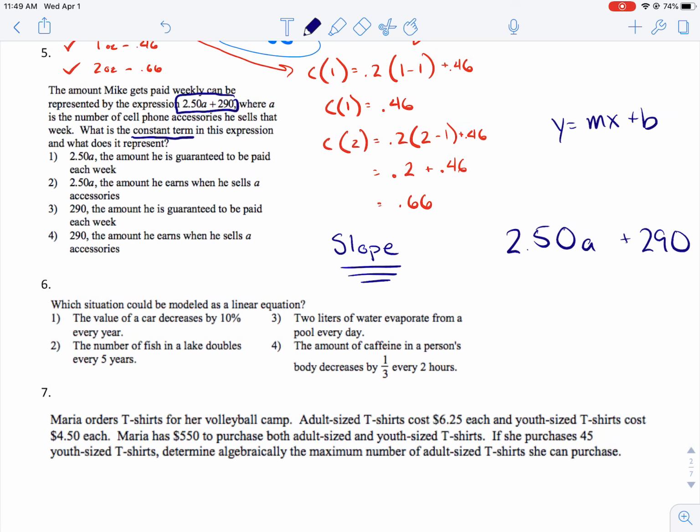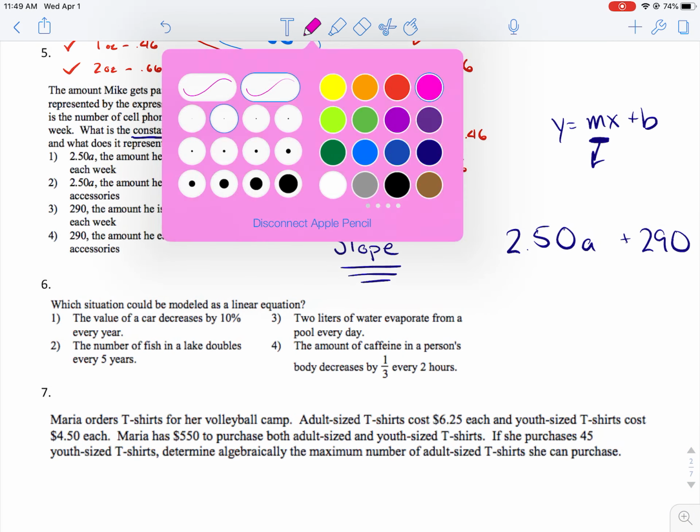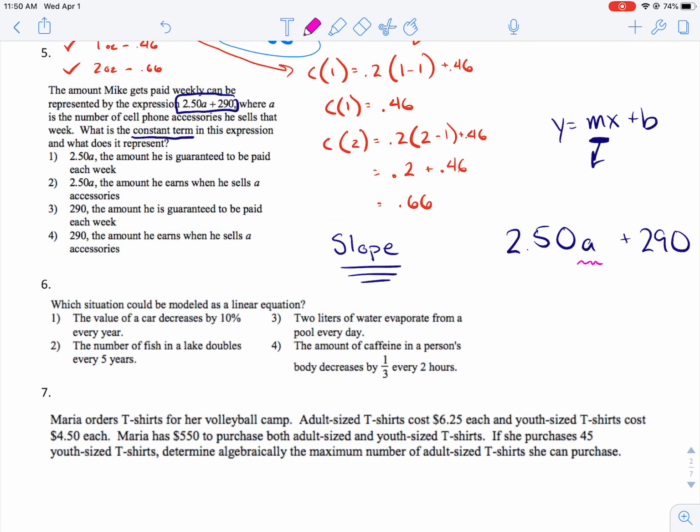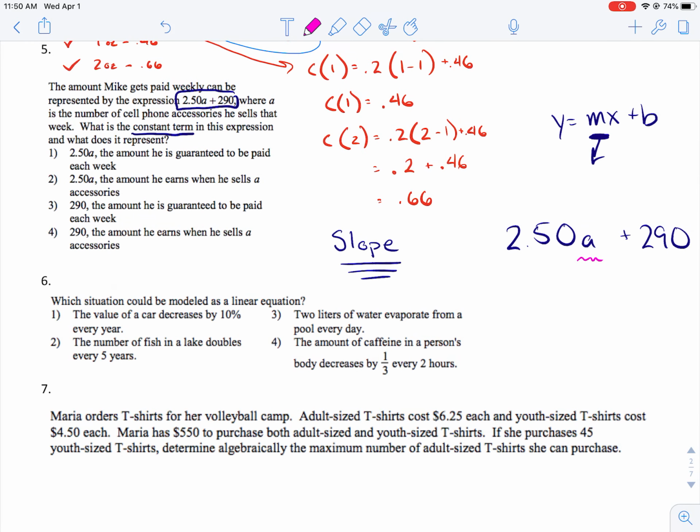If we were to look at our form, y equals mx plus b, our m, or our slope, is always that number that appears before our variable, our input. In this case, our input is a, and what comes before the a? 2.5.